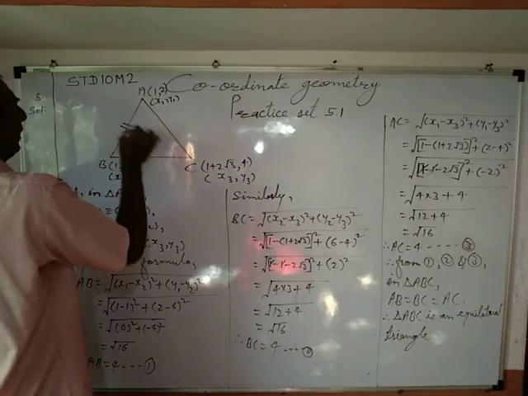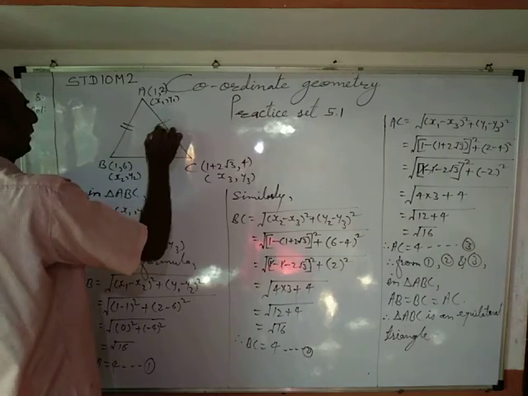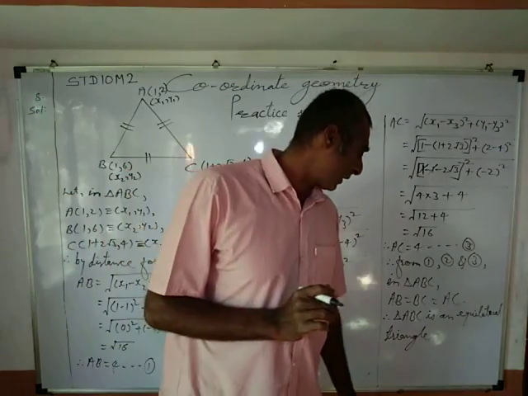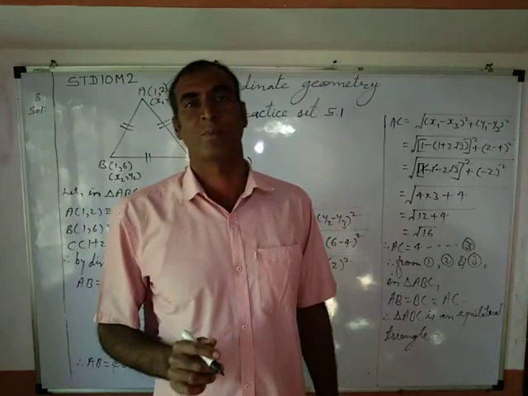AB equals BC equals AC. Therefore, triangle ABC is an equilateral triangle. Thank you.